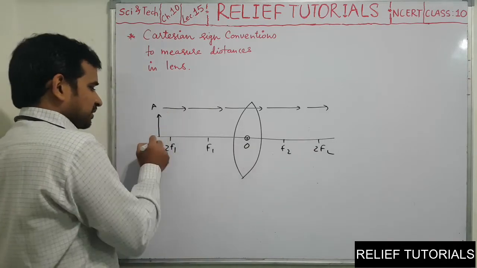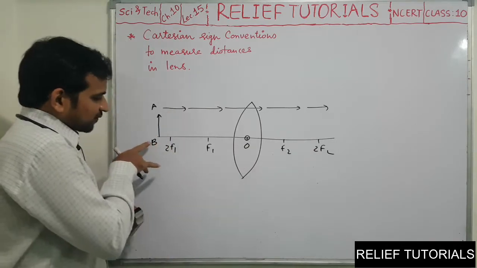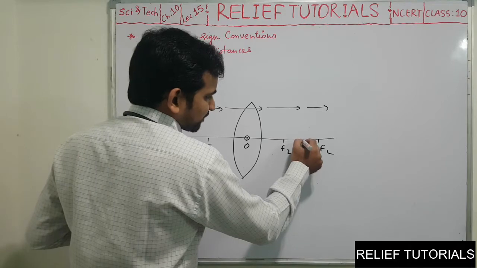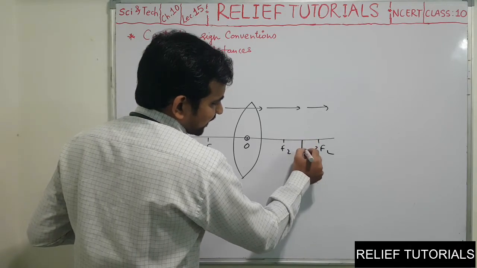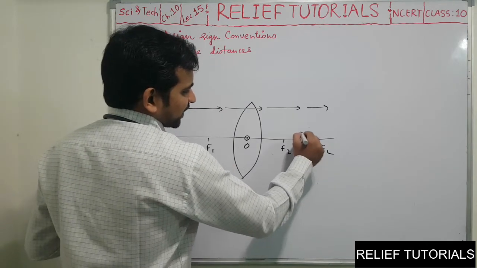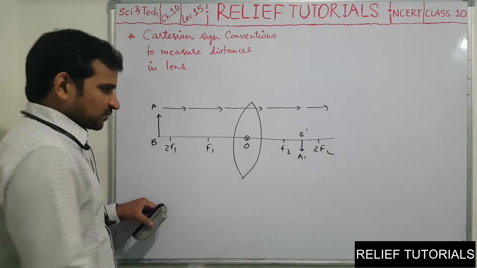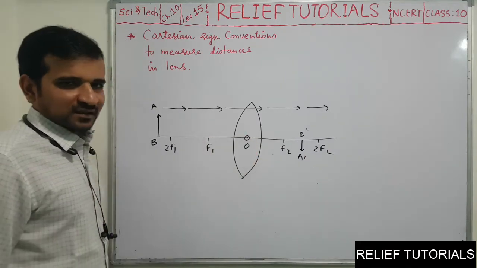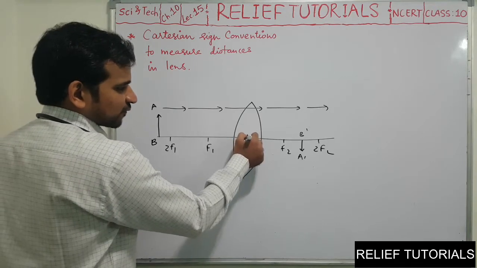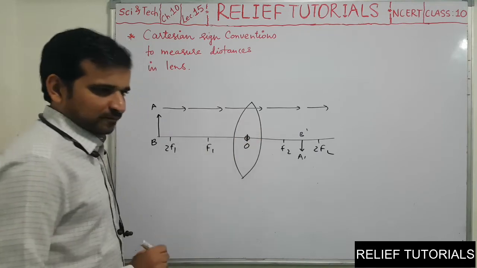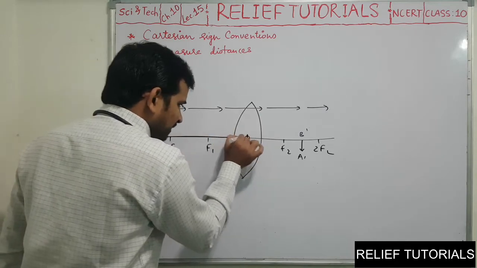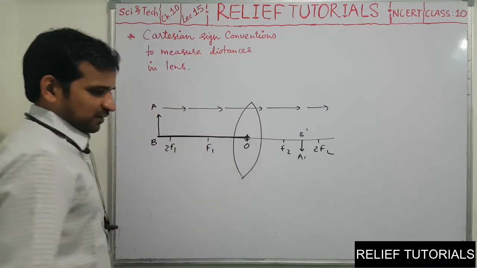If I say this is AB object, here we are placing the object beyond 2F1. So obviously we are going to get the image on the right hand side, real and inverted between F2 and 2F2. Image A dash B dash. Now the object distance, image distance, focal length, all the distances are always measured from optical center. So from optical center O to B, this distance OB is called as object distance.